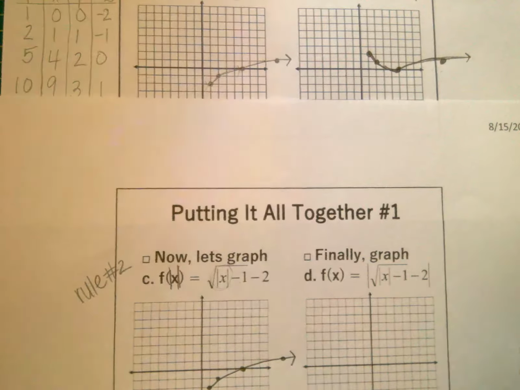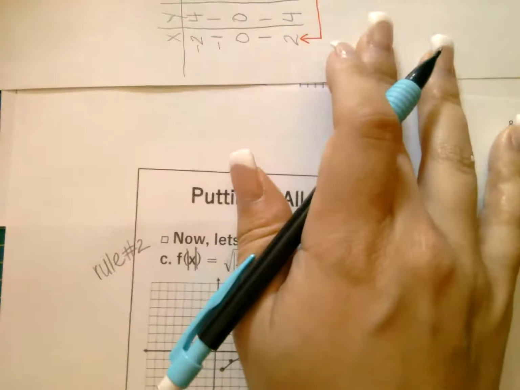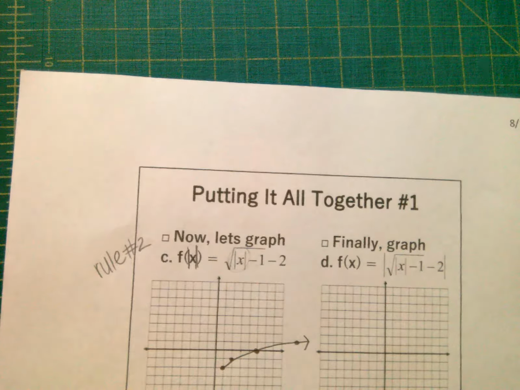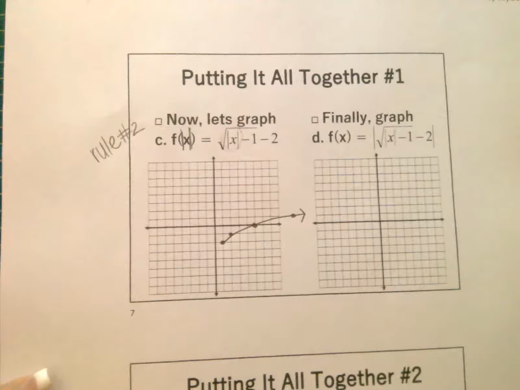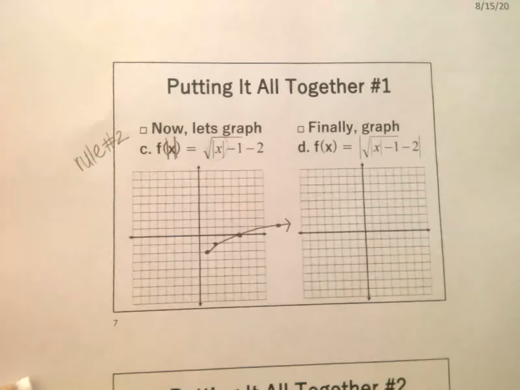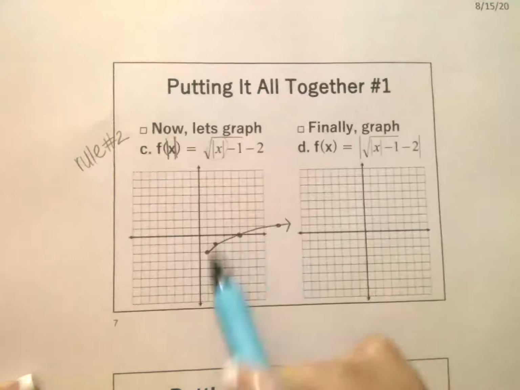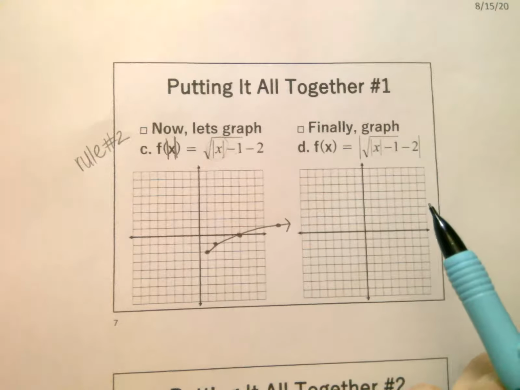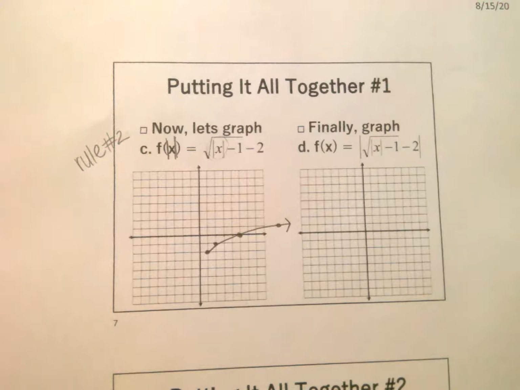Okay, all right, so we don't really need our original anymore, so we can move this up. So we recreated everything on the right side of the original graph. That's what this was. And we just used part A from this example to do it, so we didn't have to do the parent again. And now rule 2 says take all of this and also reflect it to the left side.